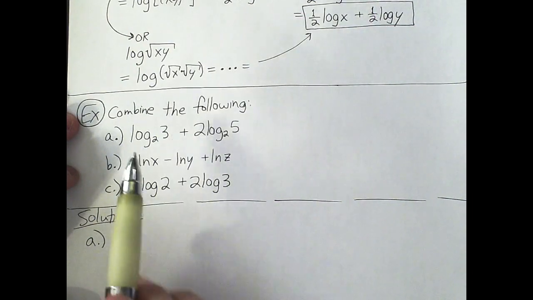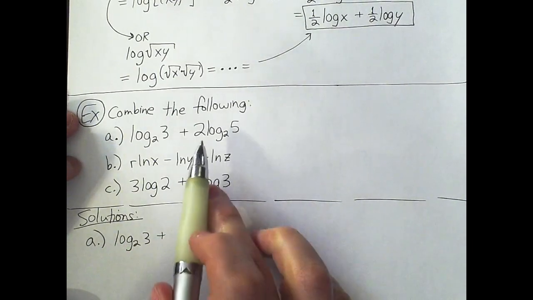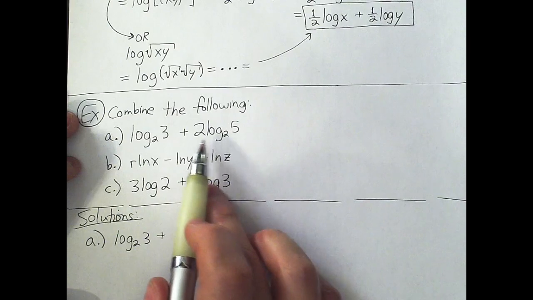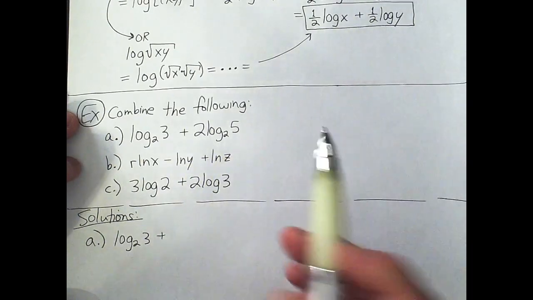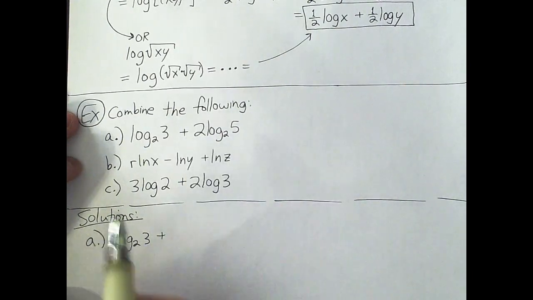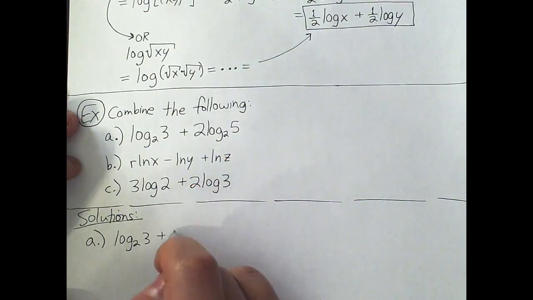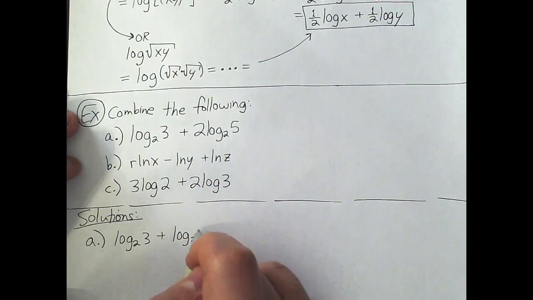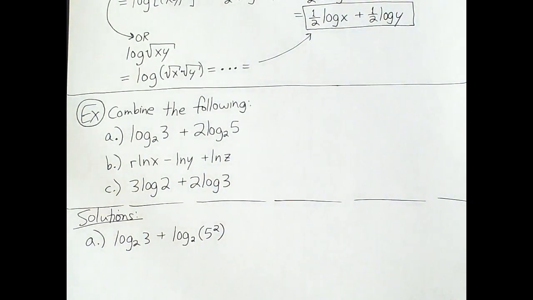How about this? The log base 2 of 3, let's just keep it the way it is. But the other part, 2 log base 2 of 5, we could bring that 2 inside as an exponent. I guess in the other problems we were pulling the exponent out, but we could bring this in and make this log base 2 of 5 squared. By law 3.